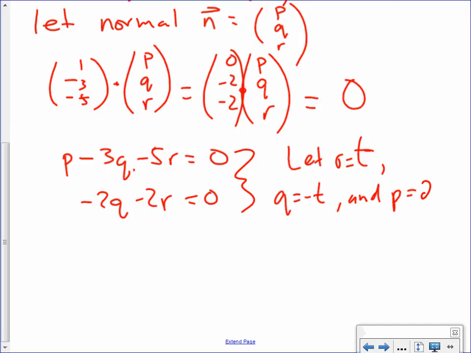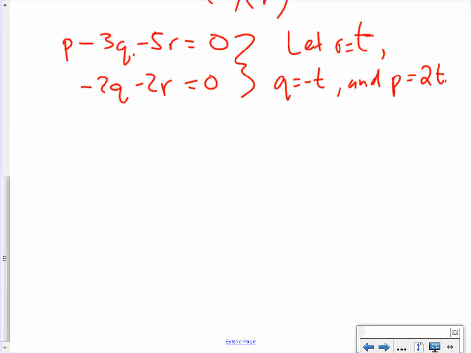2T, yeah. Since you just need one normal, you can plug in anything for t.